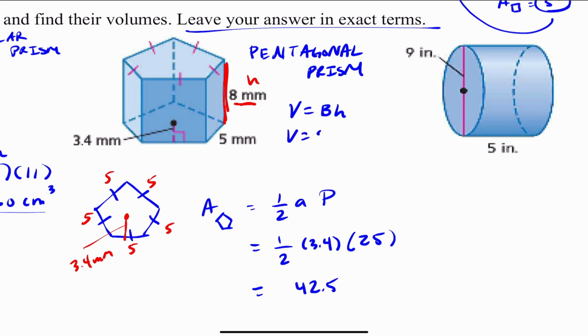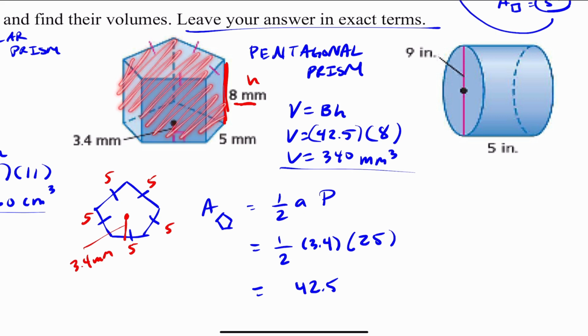So V is equal to 42.5 multiplied by the height here, which is 8. And then I get V equals 340 square, just kidding, cubic millimeters. That's your answer. That's how much space you can have for this prism. So if I pour in water, the volume is 340 cubic millimeters.